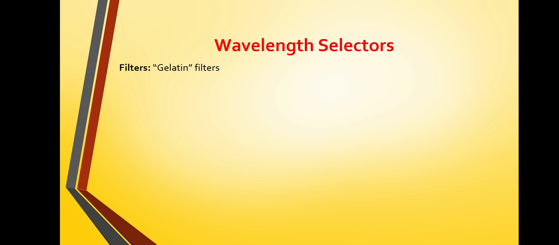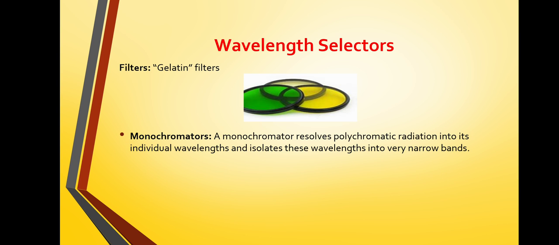The filters are made of layers of gelatin colored with organic dyes and sealed between glass plates. And the next wavelength selector is monochromator. A monochromator resolves polychromatic radiation into its individual wavelengths and isolates these wavelengths into very narrow bands.